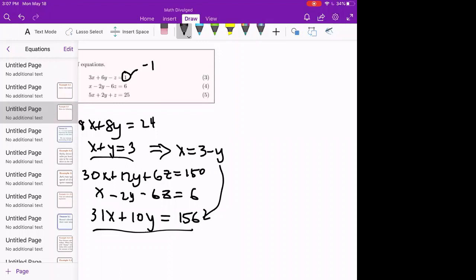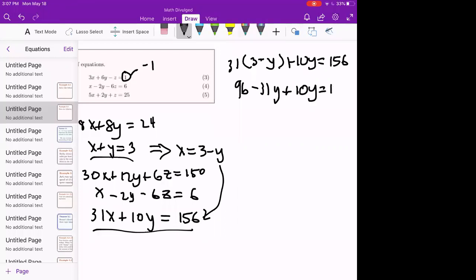We'll get 31 times (3 minus y) plus 10y is equal to 156. So this will give us 93 minus 31y plus 10y is equal to 156.